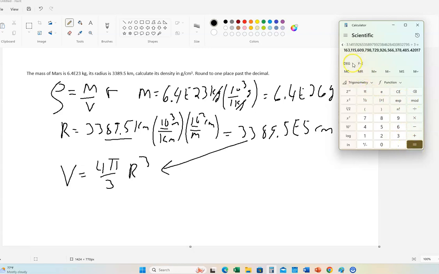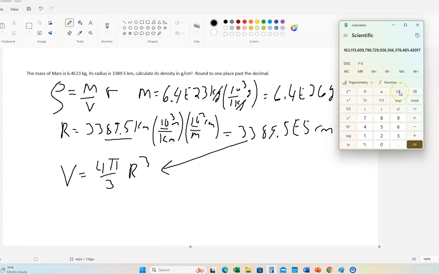All right, so that's this very, very large volume in cubic centimeters. I'm going to store that so I can use it a little bit later.